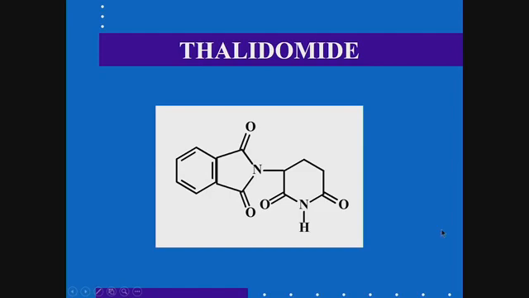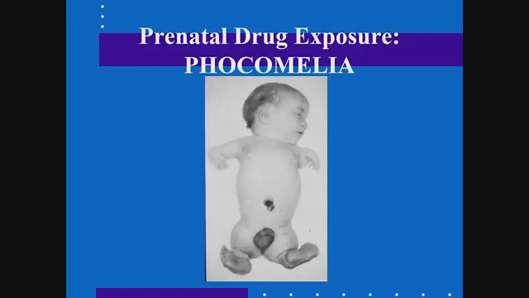Unfortunately, in many countries, although not in the US, because thalidomide was not approved in the United States and actually was not allowed to enter the market at the time because of the discovery of some severe toxicity to unborn children due to prenatal drug exposure.